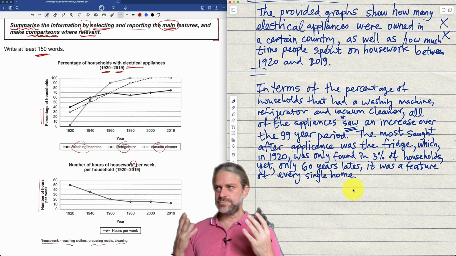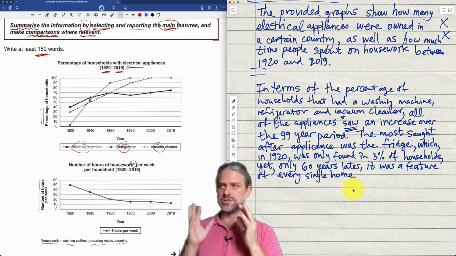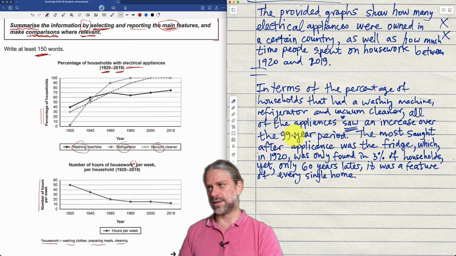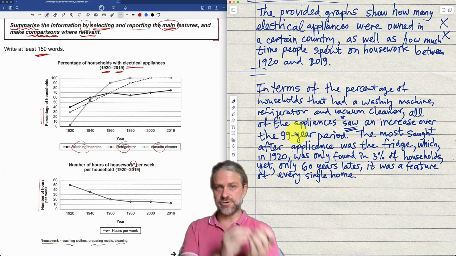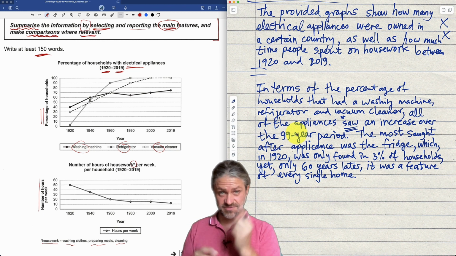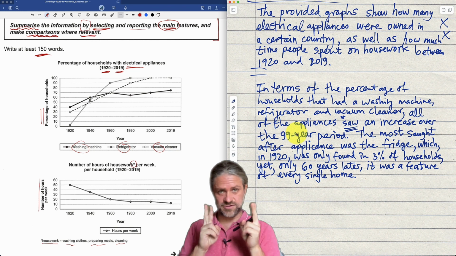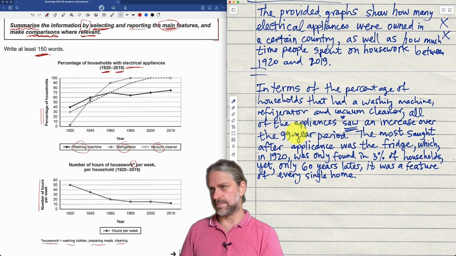Okay, so let's read it again and just double check. In terms of the percentage of households that had a washing machine, refrigerator, and vacuum cleaner, all of the appliances saw an increase over the 99-year period. Technically, I should put a dash there because period is a noun, and the single adjective in this case is 99-year, but there's two words, so I have to join them together and put a little dash in between.